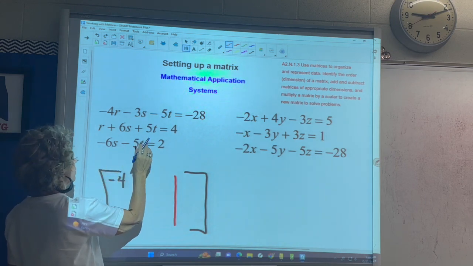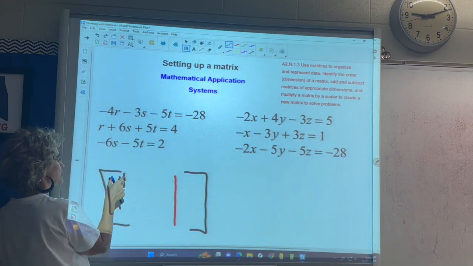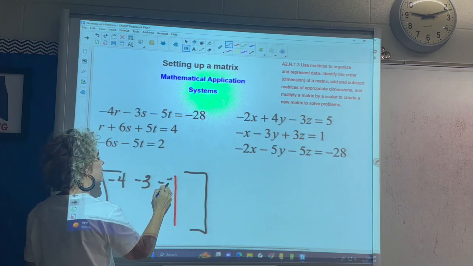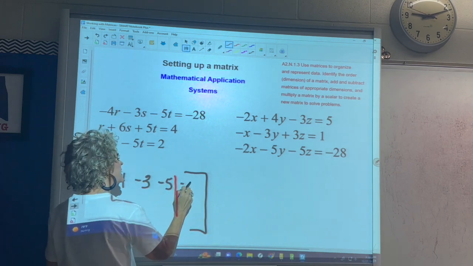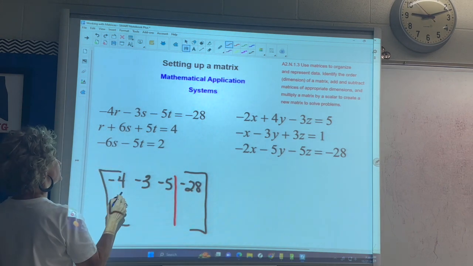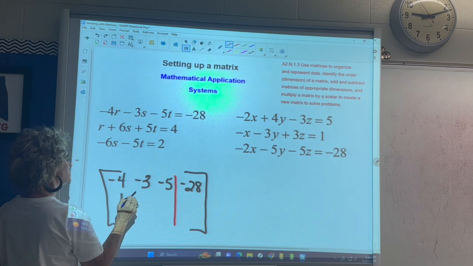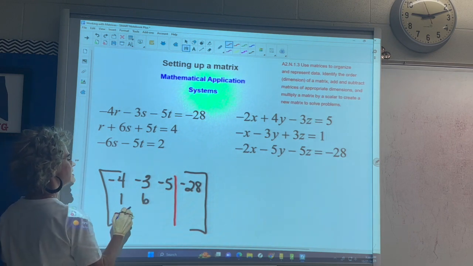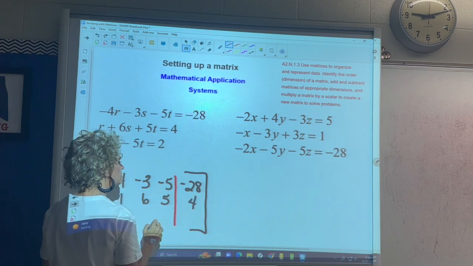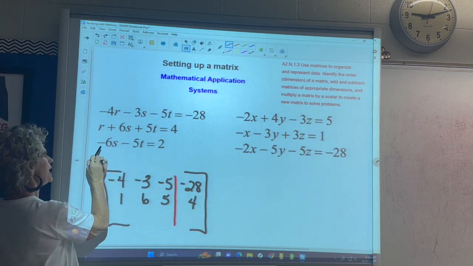Row 2, not row 1. I have a negative 4 R. S is a negative 3. And T is a negative 5. Equals a negative 28. Then in this one, I have 1 R, 6 S's, 5 T's, and a 4. This was my hiccup.